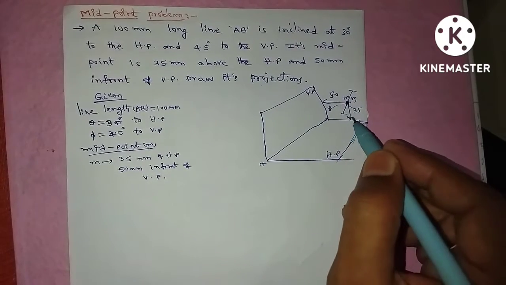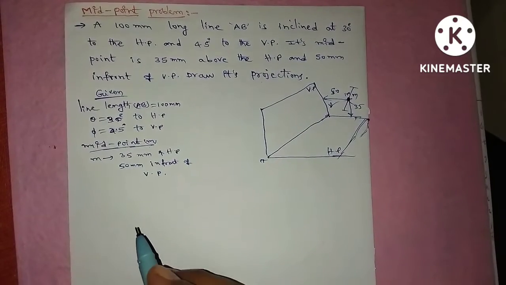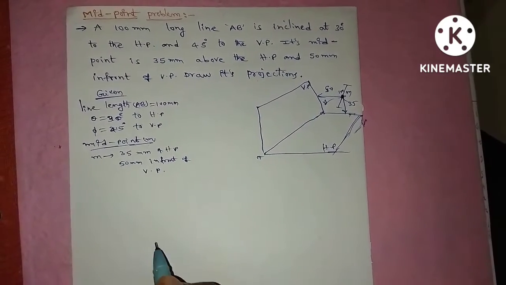After that, draw the projections when it is inclined to HP and inclined to VP, similarly for both the planes.